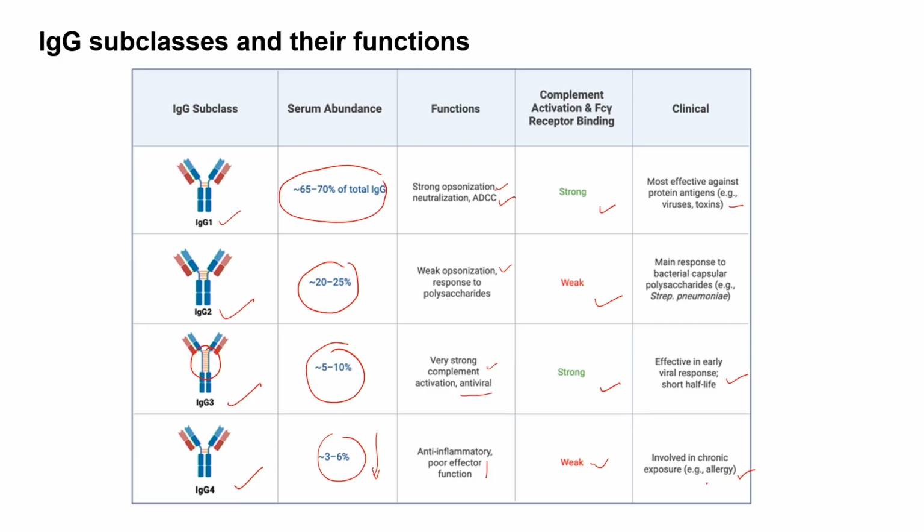When there is a chronic allergy condition, we can see some response towards IgG4 in addition to the IgE molecule, because allergy and mast cell related biology is mostly towards the IgE response. So we can see that the functions of these IgG subclasses are quite different.